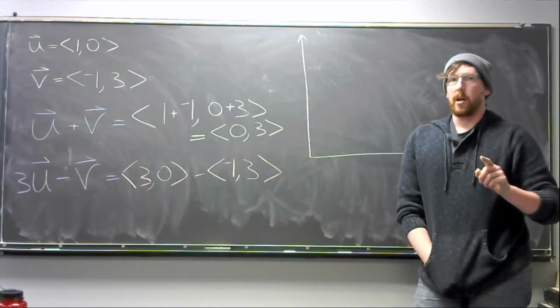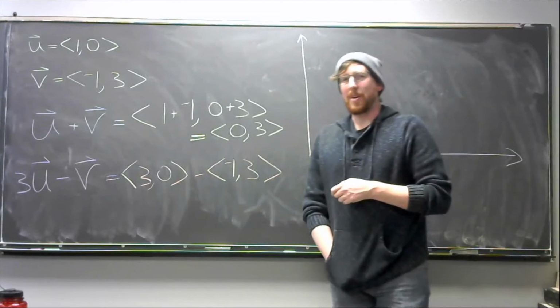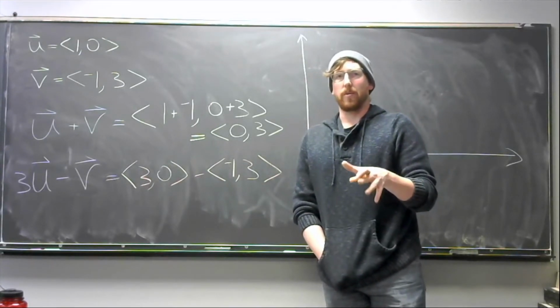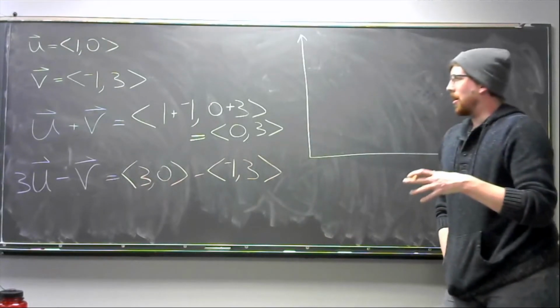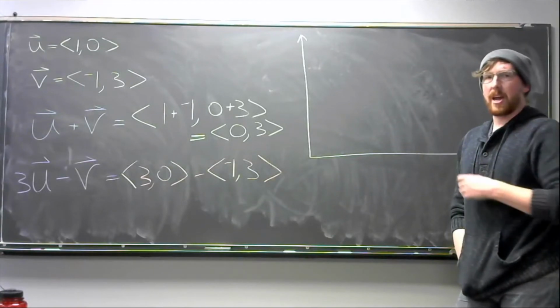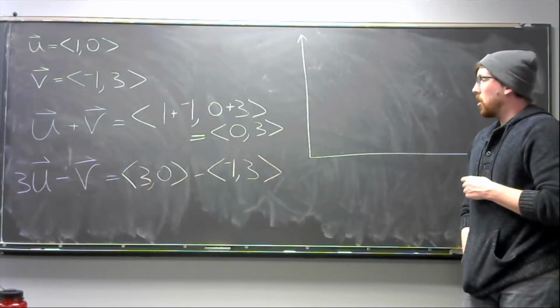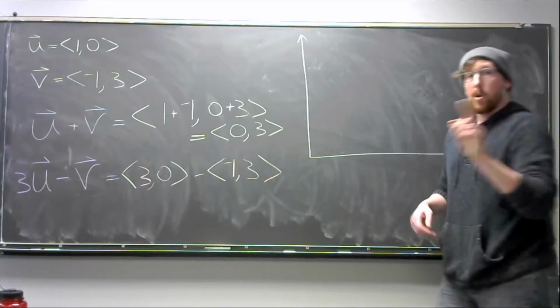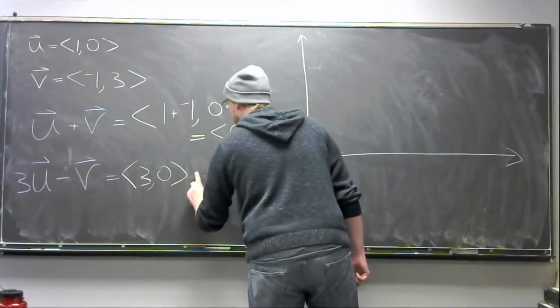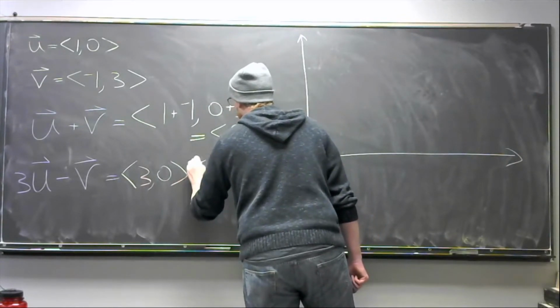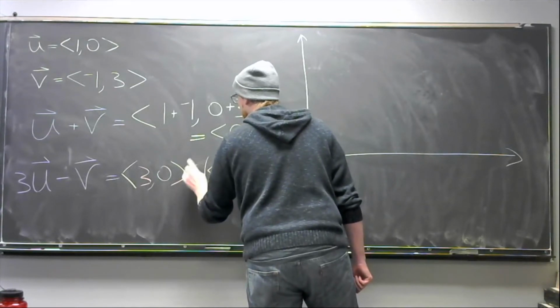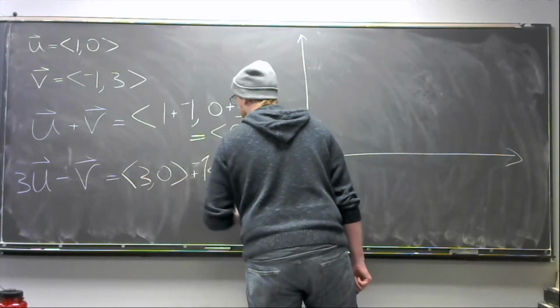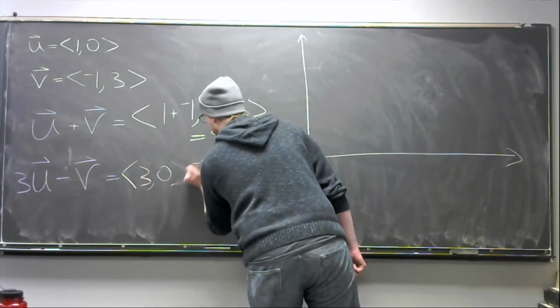Well, wait a minute. I talked about vector addition, not vector subtraction, right? So how are we going to handle this? Well, this is still vector addition. What we've got is 1 plus -1 times our vector.